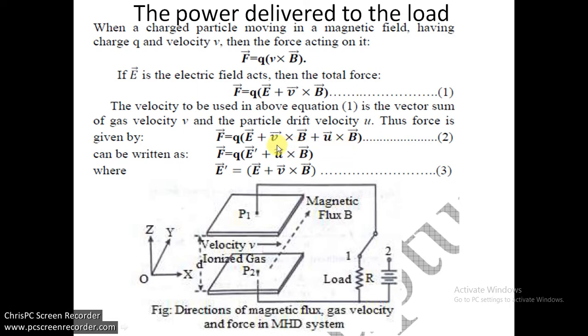We keep aside the drift components only, the force due to drift velocity, and merge the remaining components. The merged component can be written as q times E dash, where E dash is the expression from this to this: the force due to the electric field and the force due to the magnetic field on the charge q flowing with the velocity v.